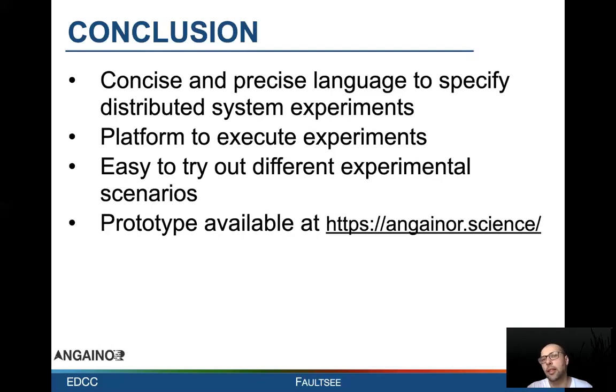We propose a language to specify such experiments and a platform to execute them. And one of our goals was to make running these experiments as easy and seamless as possible. So if you have your system already under Docker, it should be very easy to try FaultSee and see how it behaves under different fault patterns.